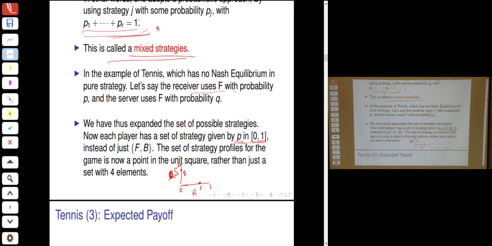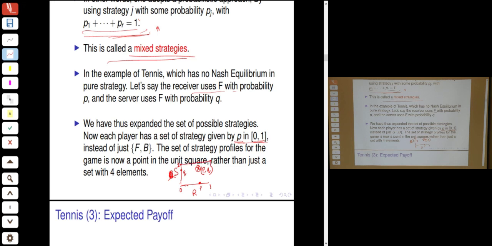Then you can imagine that the strategy is now described by this point P comma Q, P for the receiver, Q for the server. And P can range anywhere between 0 and 1, Q can range anywhere between 0 and 1.